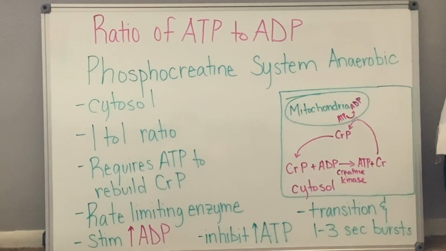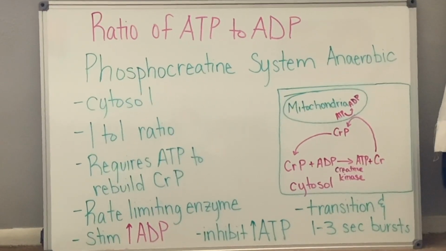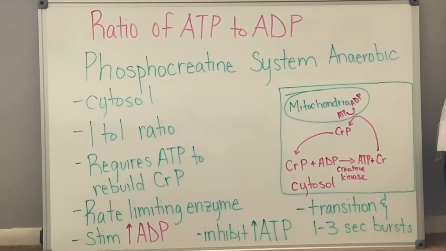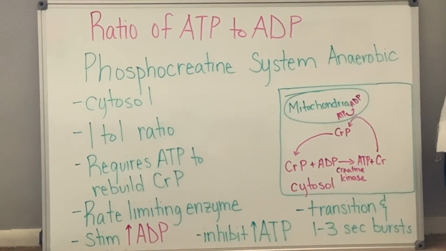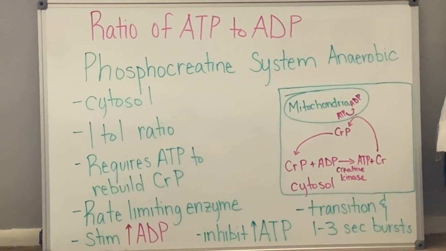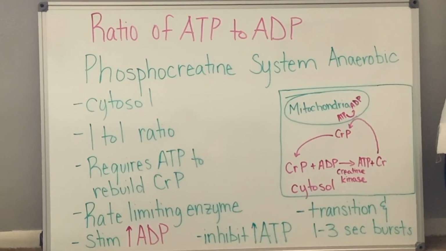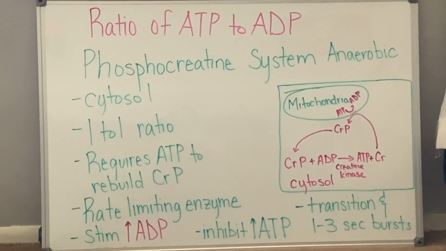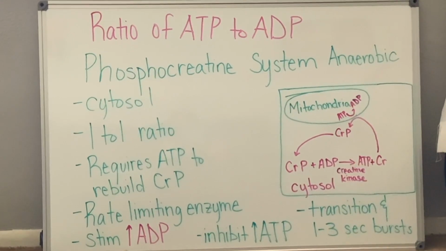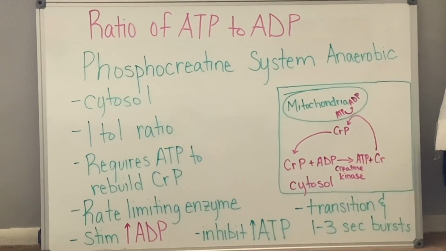Therefore, if our mitochondria isn't producing enough ATP at a fast enough rate, this creatine molecule cannot be regenerated back into creatine phosphate. If we only have creatine and no creatine phosphate, this molecule no longer has a phosphate molecule to donate to ADP, which means ATP production cannot occur.